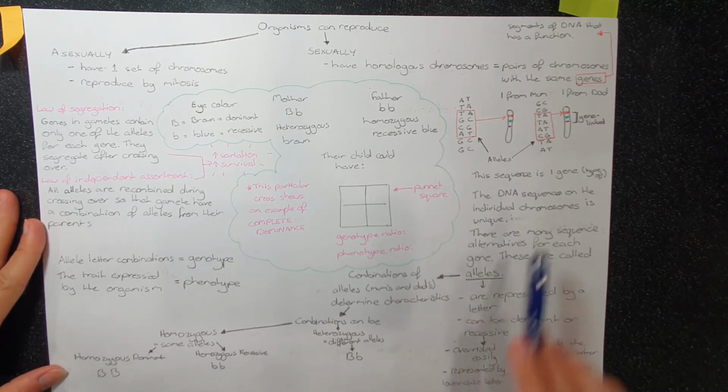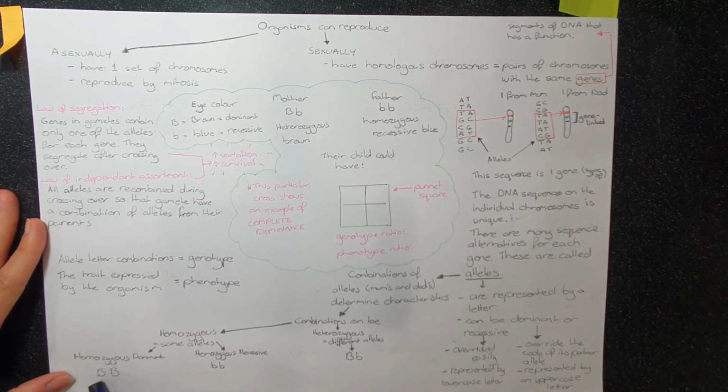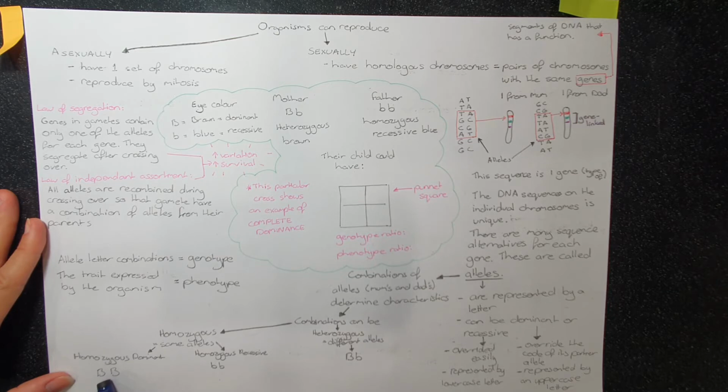If we applied it to our situation, if the big capital B was standing for brown and the lowercase b was standing for blonde, this organism will have brown hair, whereas this organism will have blonde hair.